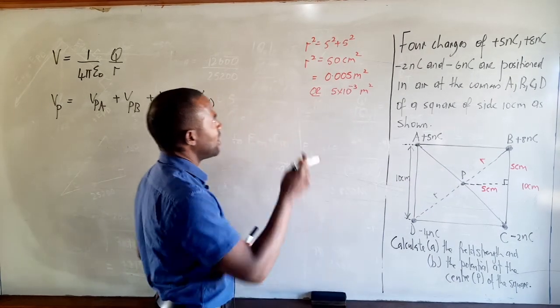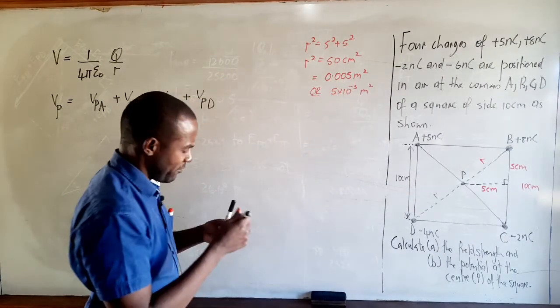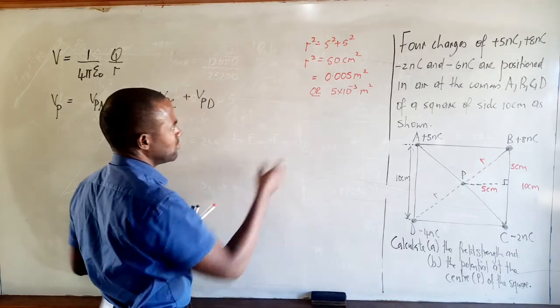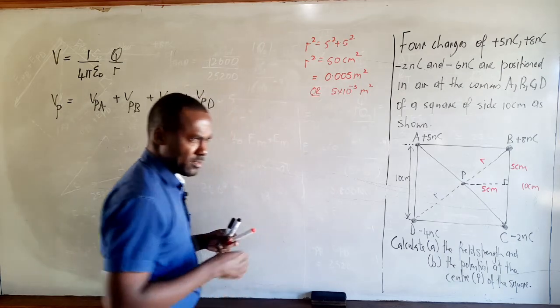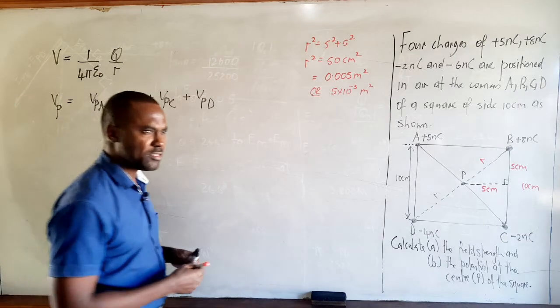So r squared is equal to 50 centimeters squared. If we were to find the value of r, then r is equal to the square root of 50, which is about 7.07.